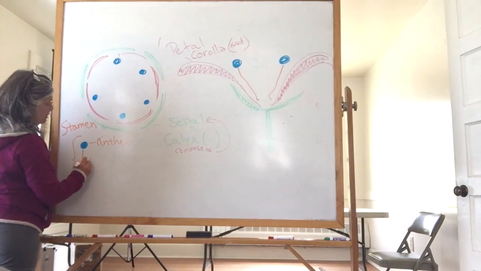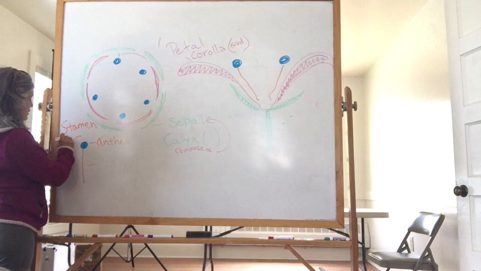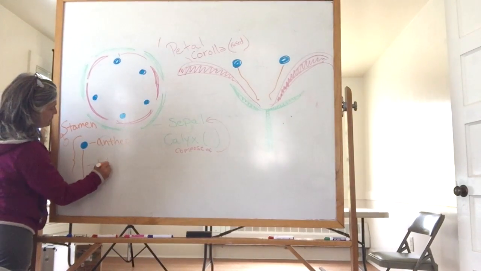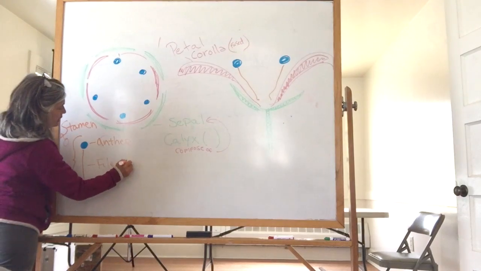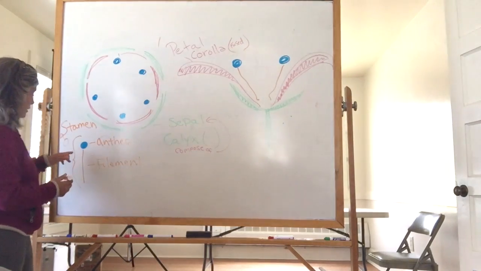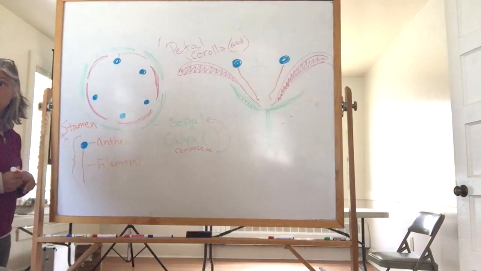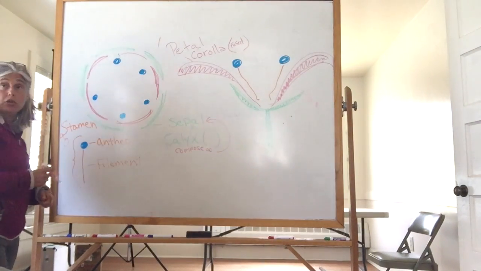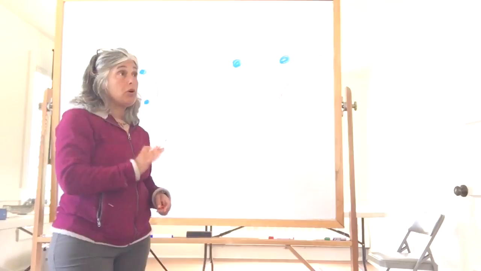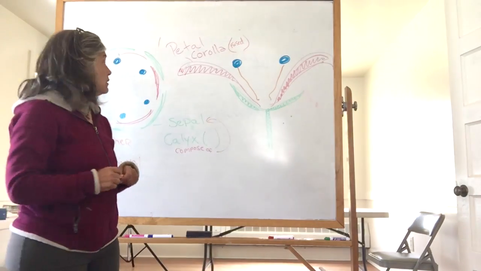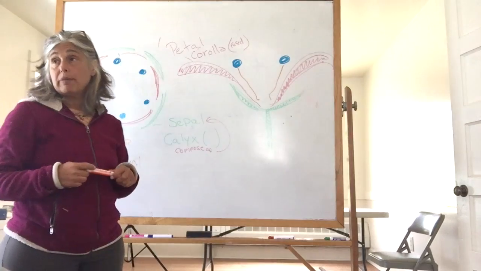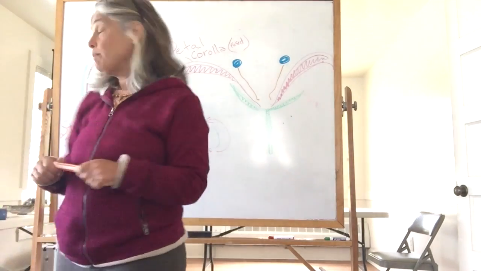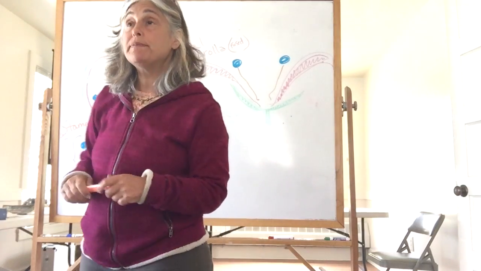But this is a stamen, and it's composed of an anther and a filament. This is the male part. So, anther and filament. Okay. So the anther contains the pollen. And the filament is just the stalk that holds the anther up. Does that make sense? Everybody got that? Male part is the stamen composed of the anther and the filament.